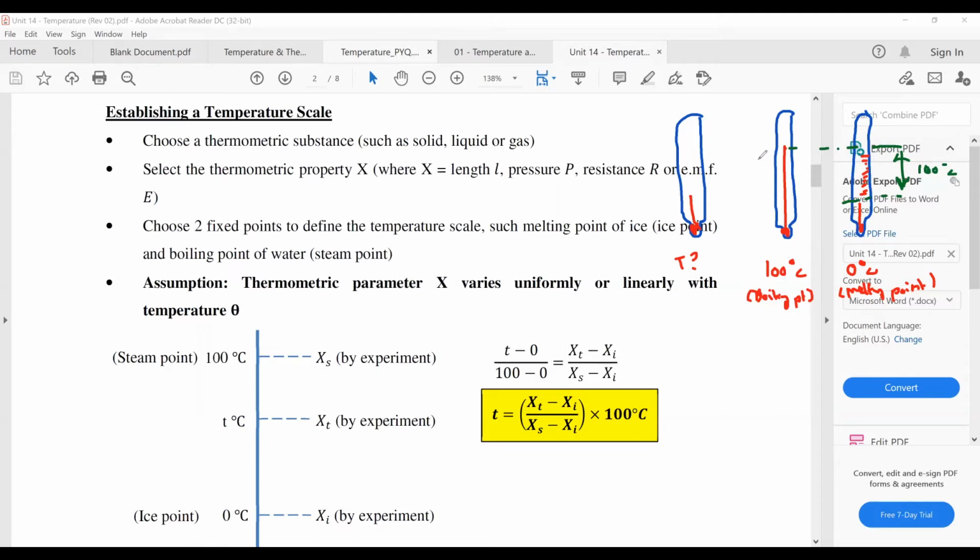Maybe this one is, say, length 100. This one is, say, maybe length 0. You could actually work it out by using this equation.